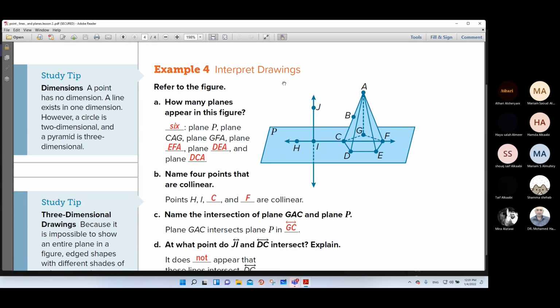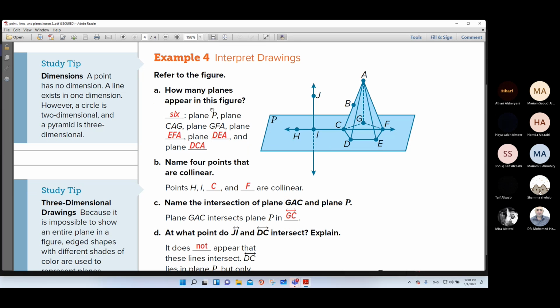A drawing here. Refer to the figure. How many planes appear in the figure? As you see here, we have 6 planes.